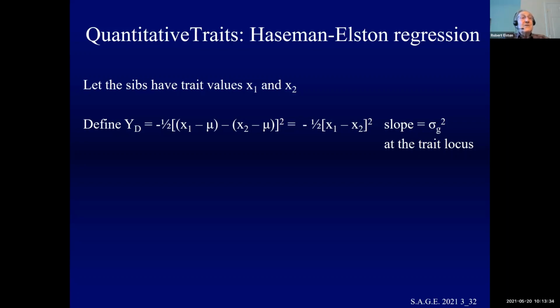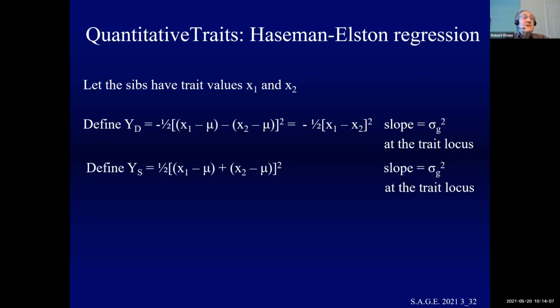Now you see those means cancel out, and you have the usual Haseman-Elston statistic. It's the difference between the SIB pairs squared. And if you put -1/2 there, then the slope is equal to the genetic variance at the trait locus. Of course, you are assuming a model here, but we'll deal more with that later.